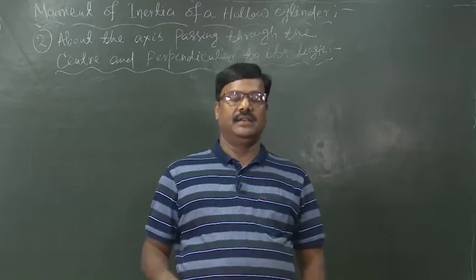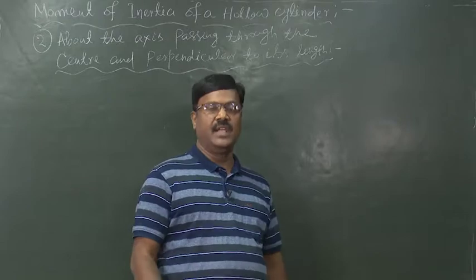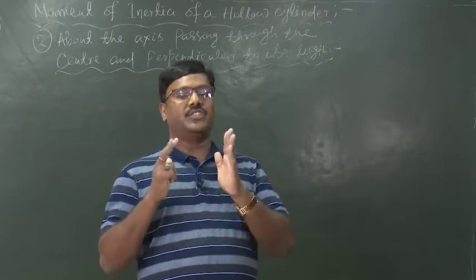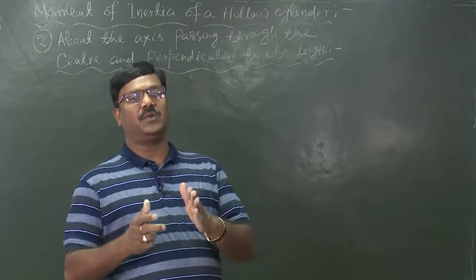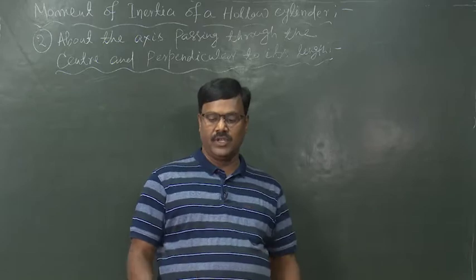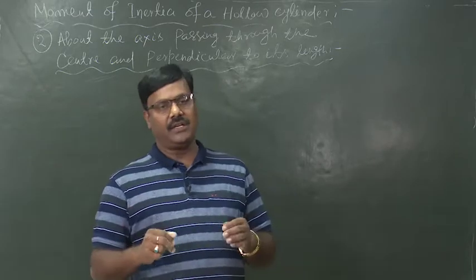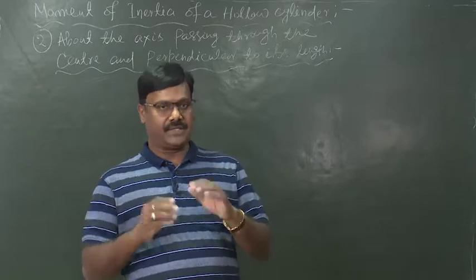For this, let us first consider a hollow circular cylinder, and by doing it for the circular hollow cylinder, we can calculate the expression for the moment of inertia of a solid cylinder. So, let us consider a hollow cylinder first.